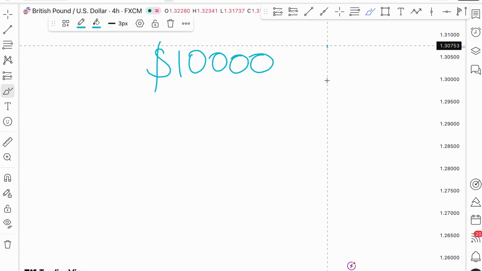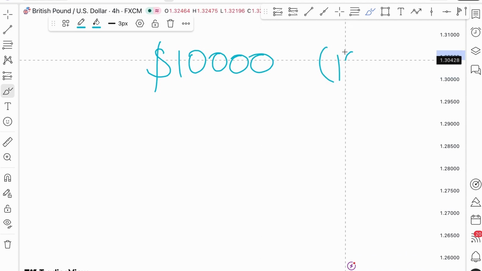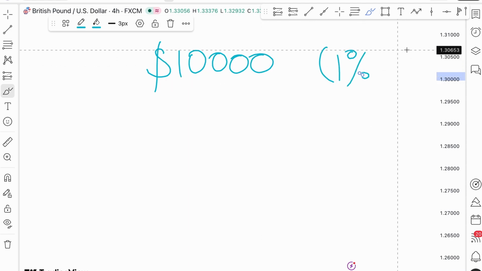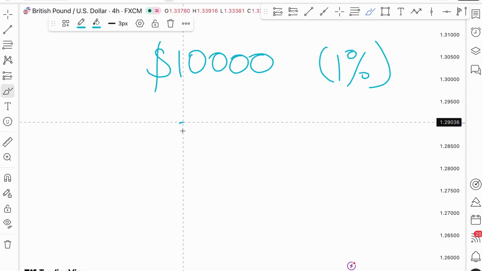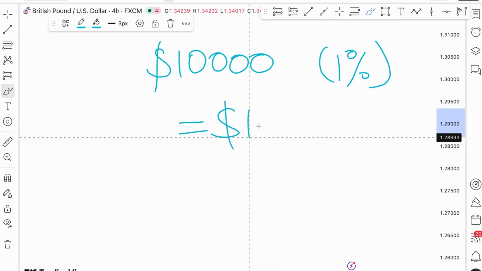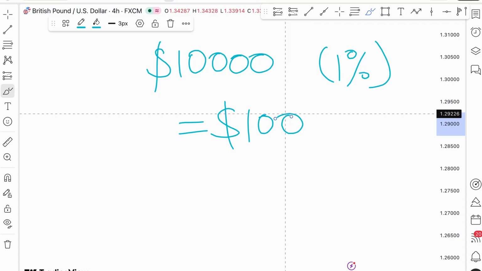That comes to $100. So that means if the trade loses, you lose just $100. If the trade wins, you gain based on your risk to reward ratio.